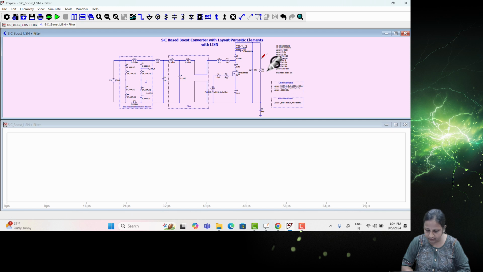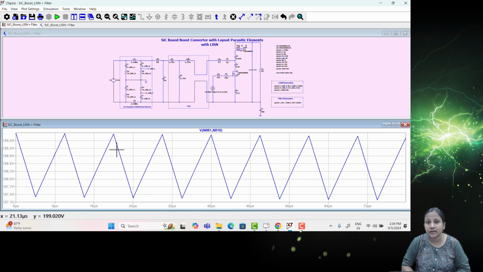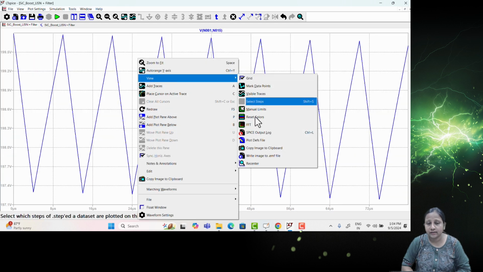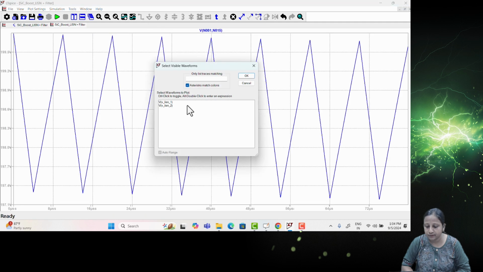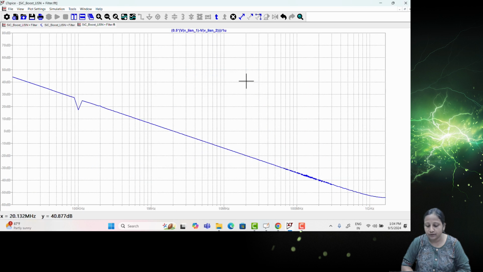So this is done now. Let's see whether it is satisfying with the filter, because we have designed it for lower frequency, initially at 25 kilohertz. Now we will be seeing this filter with respect to the high frequency.